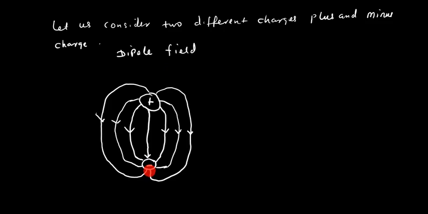So dipole fields are very important. This type of dipole field is very important because atoms are made up of positive charges and negative charges. We have what we call polar molecules. An example of a polar molecule is water.